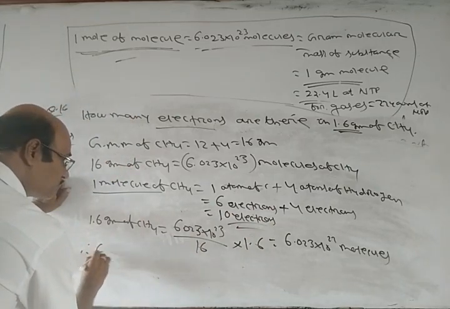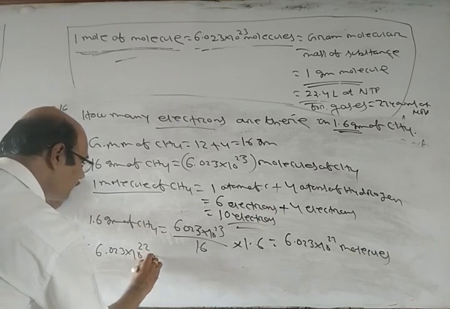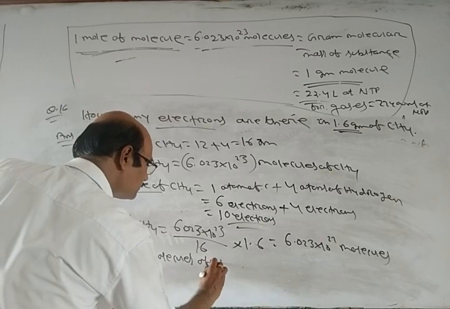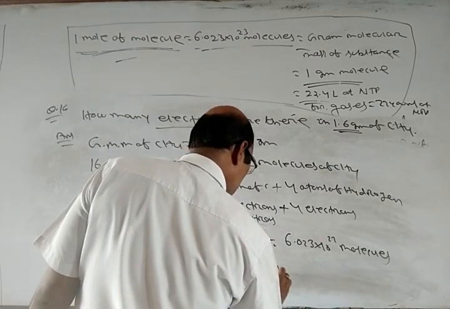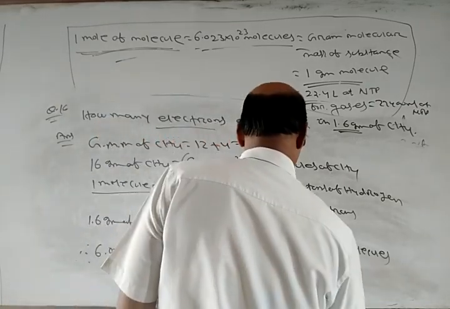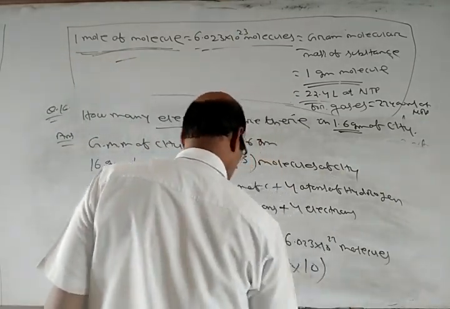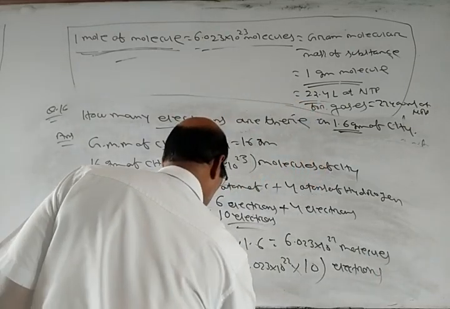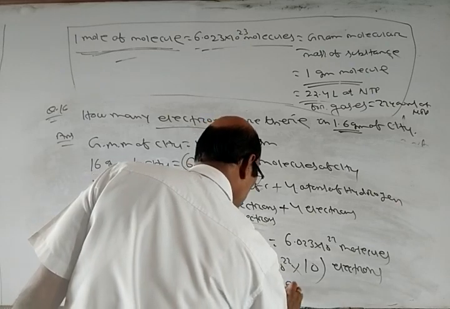Therefore 6.023 into 10 power 22 molecules of methane is equal to 6.023 into 10 power 22 into 10 electrons, which is equal to 6.023 into 10 power 23 electrons.